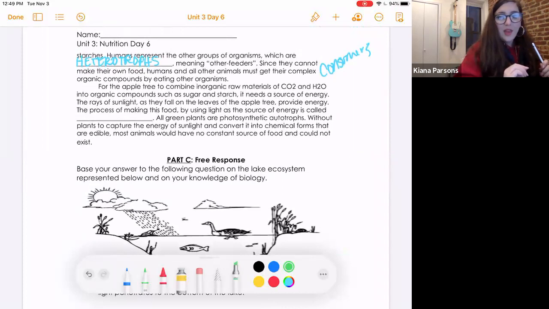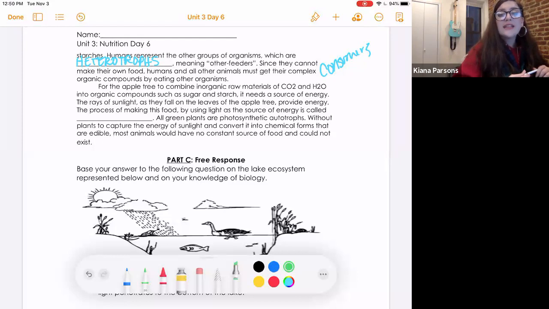All right. Since they cannot make their own food, humans and all other animals must get their complex organic compounds by eating other organisms, sometimes plants and sometimes animals. For the apple tree to combine inorganic raw materials of CO2 and H2O into organic compounds such as sugar and starch, it needs a source of energy.